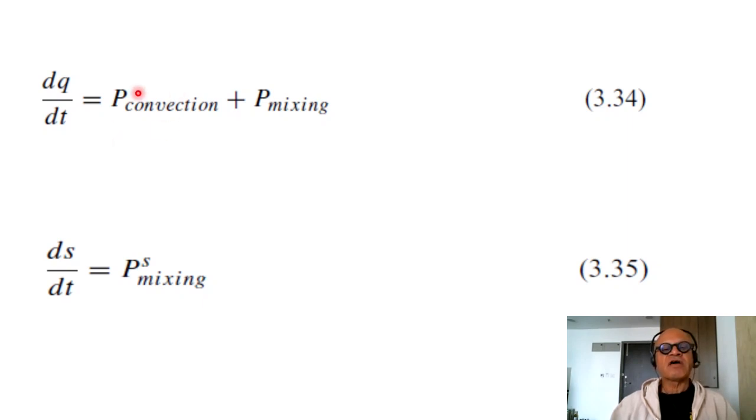But we also have parameterized convection, which supplies moisture to the free troposphere, and there is also a mixing term parameterized typically in the atmosphere because they are not resolved from the first principle equations or primitive equations. In the ocean you have a similar parameterized salinity budget where salinity mixing is included here.